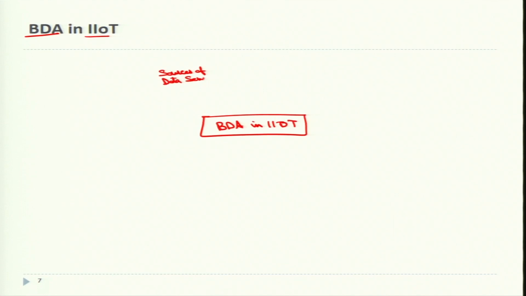Here I would like to discuss the structure of the BDA in IIoT. This can have various elements and sub elements in it. For instance, we can have sources of the data, sensors, as one of the elements.